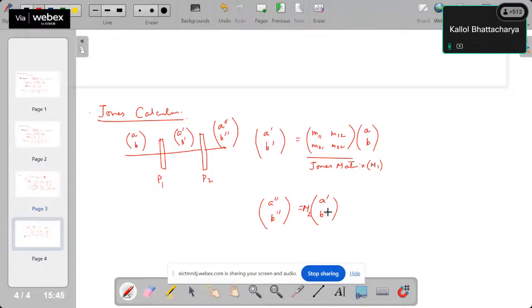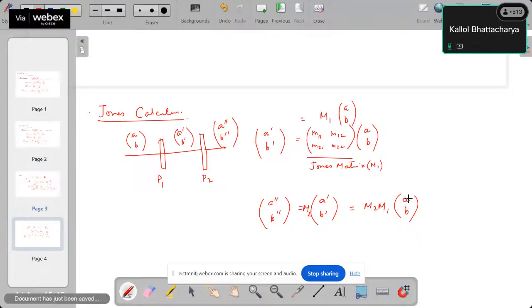A prime, B prime was the input to P2, which has a Jones matrix of M2, right? But then we see A prime, B prime is also equal to M1 into AB. So we can write M2, M1 into AB from here, because this is equal to M1 into AB. So in place of A prime, B prime, we just replace this.